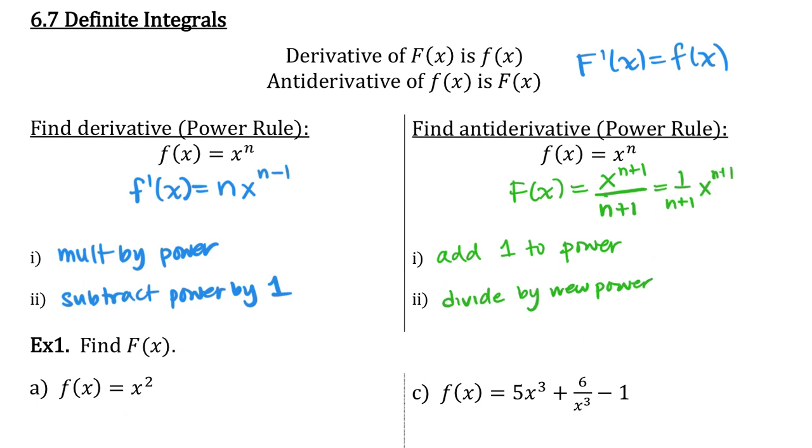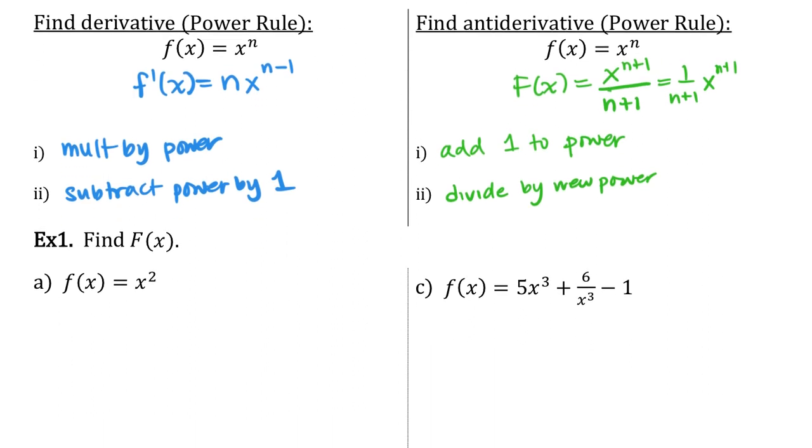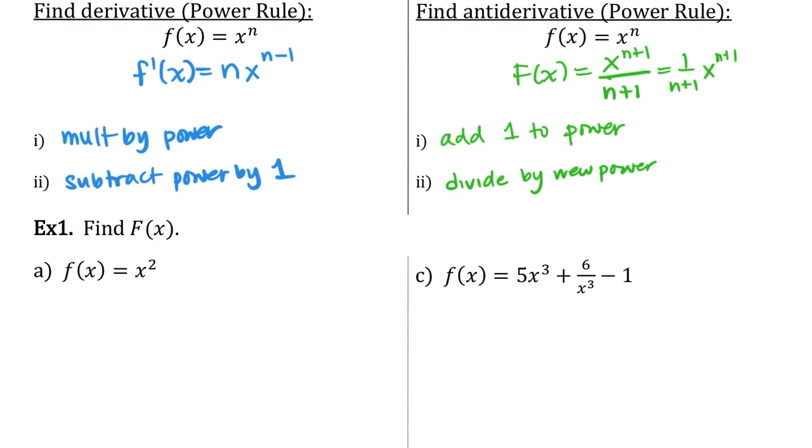Okay, let's try it with actual numbers so we can see what we're doing. This is little f of x. They want me to find capital F of x, so they want me to find the antiderivative. This is the derivative, and what was the original function is what I'm trying to figure out. I'm going to use capital F of x to show the antiderivative. So if I want the antiderivative, I'm going to add 1 to the power.